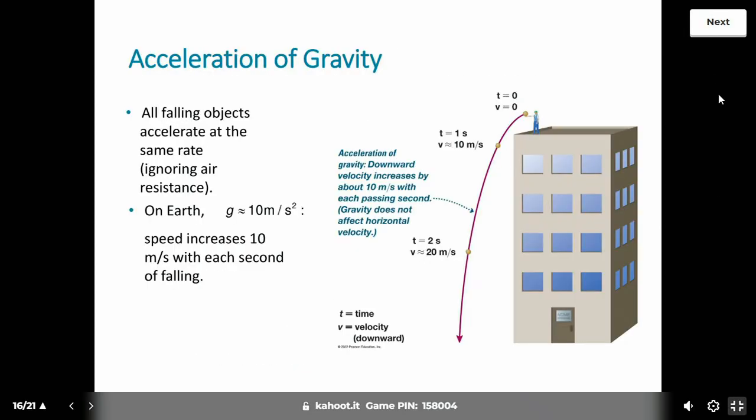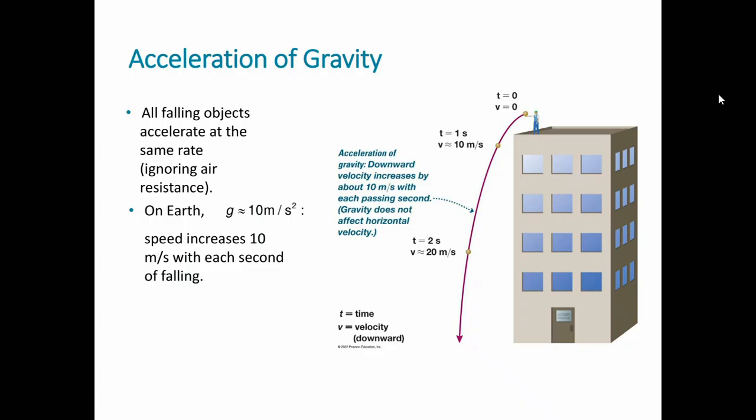Okay. So one of the things that I talked about was that when you're on the Earth, you can always just assume that if you're moving in the y direction, you have an acceleration that's due to gravity. That acceleration due to gravity near the surface of the Earth is about 10 meters per second squared.